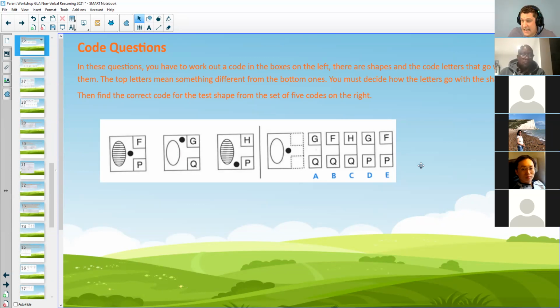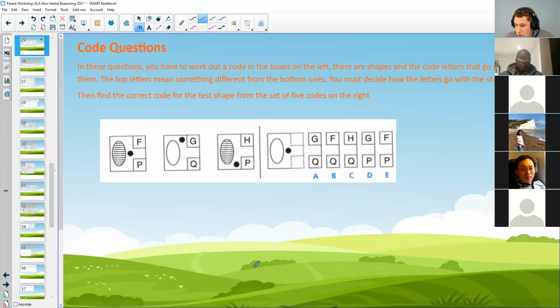I'm not saying that CEM couldn't do these, but they tend not to do them. It's more a GL assessment question type. And these are code questions. Very good fun, I think, for children, because what we tend to talk about is breaking the code, working the code out. So let me just go through an example of a question, and then perhaps I can present some to you for you to have a go at yourself as well.